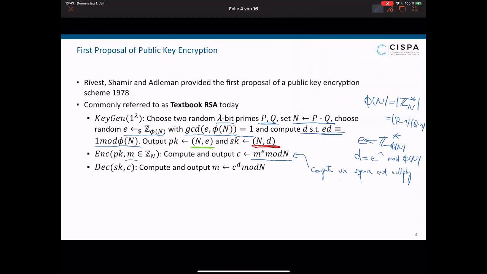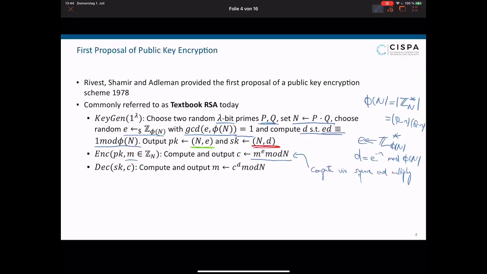But good. And now decryption, and this is the cool thing about textbook RSA: it's almost the same thing as encryption, right? You can use the same algorithm implementation. You just swap message for ciphertext and public key for secret key. So you just compute c to the d modulo n.